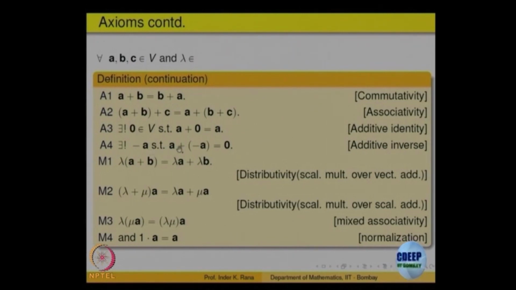And for every A, there exists a negative of A, such that A plus minus A is equal to 0. And scalar multiplication distributes over addition.